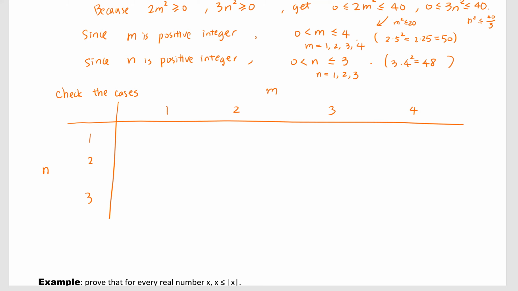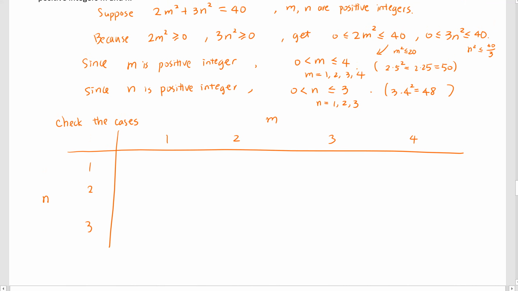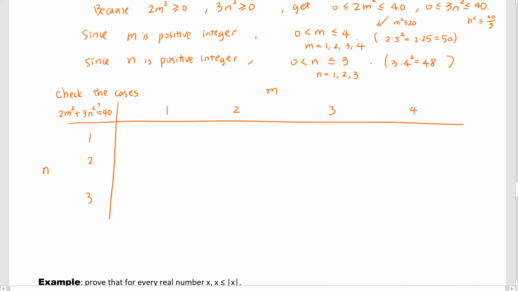We want to see whether 2m squared plus 3n squared equals 40.